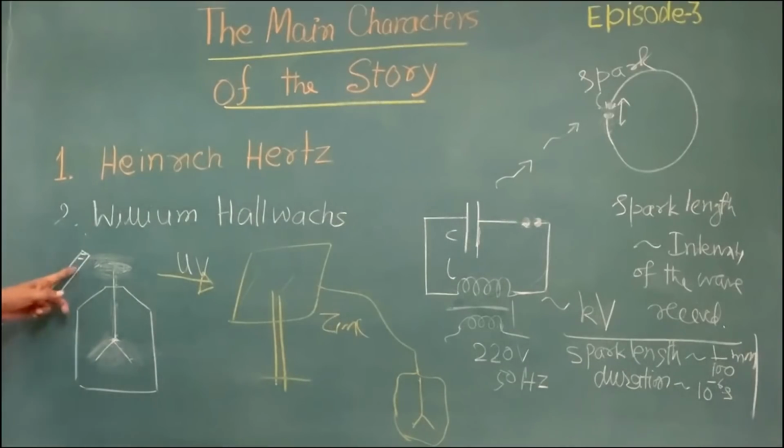So if this is negatively charged, it will repel the electrons to go away and reach here, and they will be spread like this. You will have positive charge here and so on, and if you touch it, you are providing the conducting path.